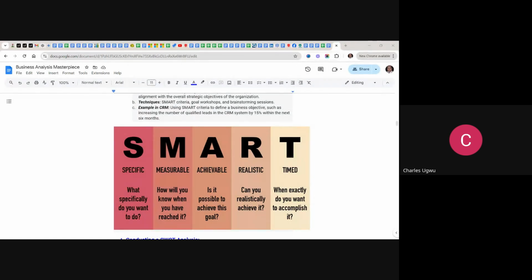It's either you want to brainstorm on how to generate this or, let's say, the project we are working on currently is to identify influencers. You must be specific here. You could say we need to identify and agree on at least 20 influencers within Lagos State that we need to meet.